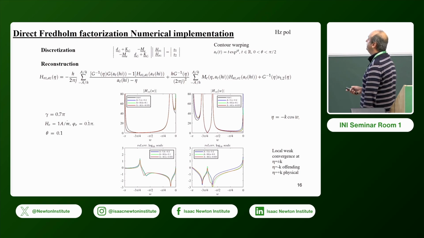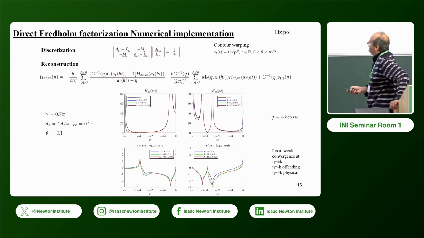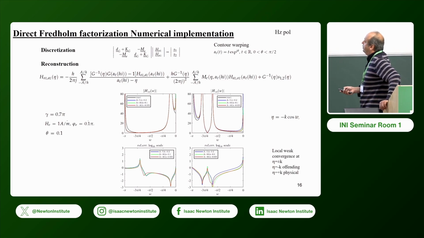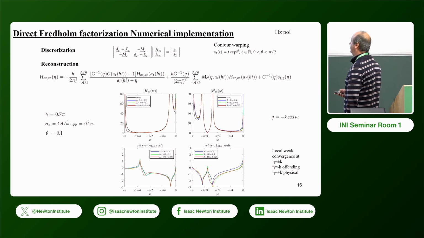In this example, we took an aperture angle of 0.7 pi, an HZ polarization with this intensity, and this incident angle with respect to the x-axis. Theta is the contour warping, and here you see the convergence. We know the exact result in closed form.